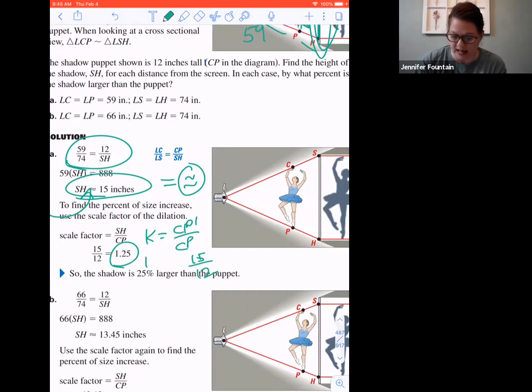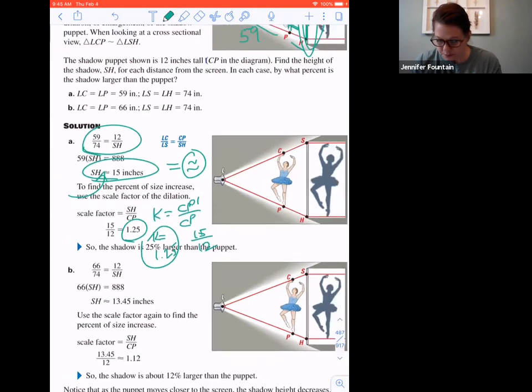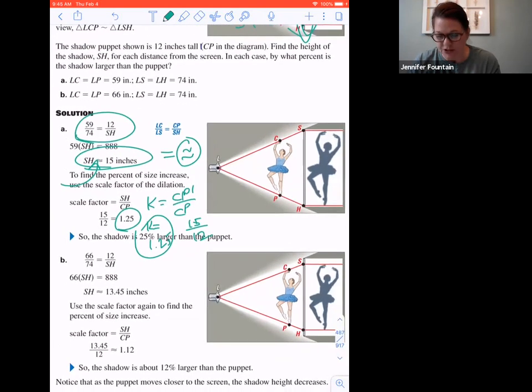So in this situation, I know that K is equal to 1.25. So first I had to find my missing measurement. Then I could plug in my two parallel line measurements and find my scale factor. Any questions about that?